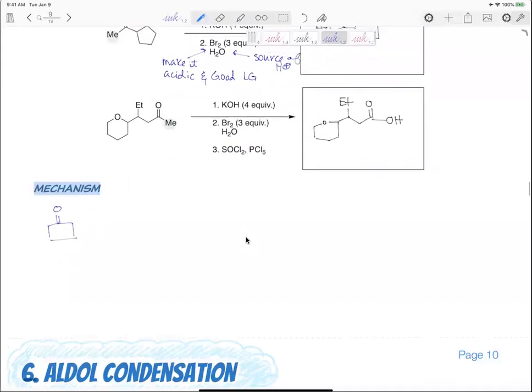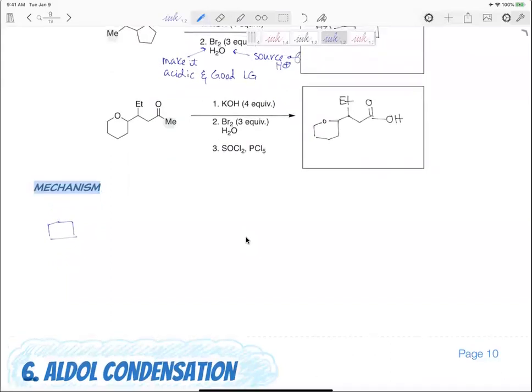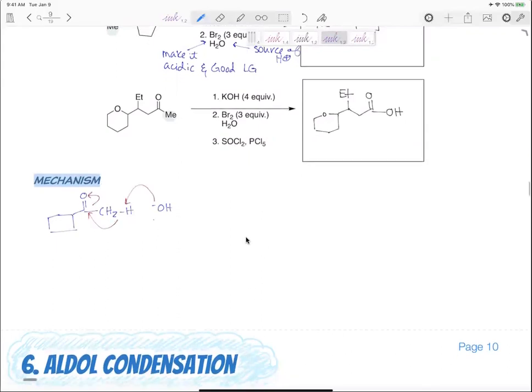Okay, so CH2, H, right? So remember, it's a strong base in the form of a hydroxide that comes to grab this proton to form my enolate. See, this is my enolate flex.